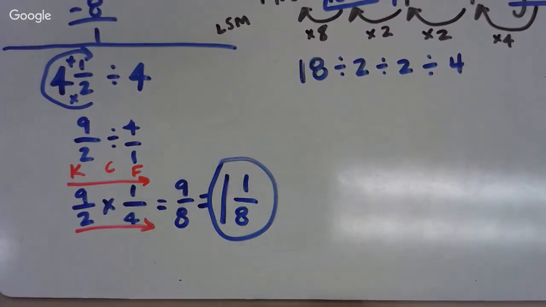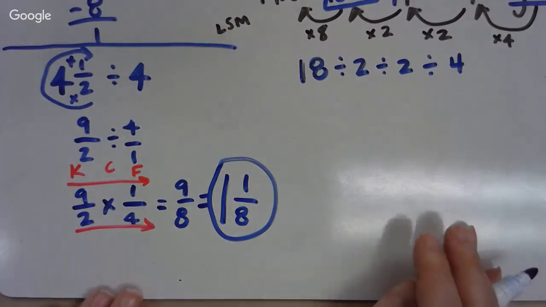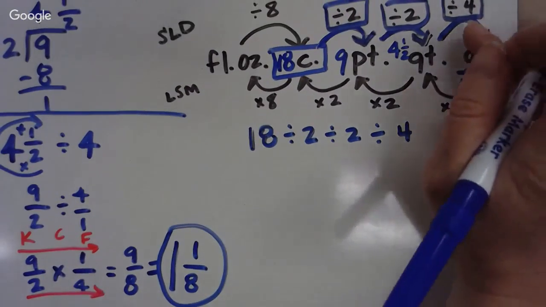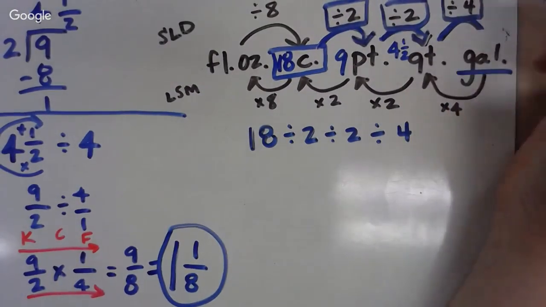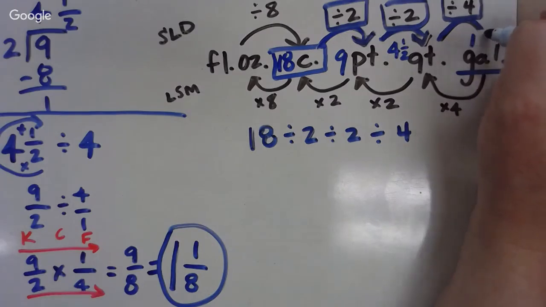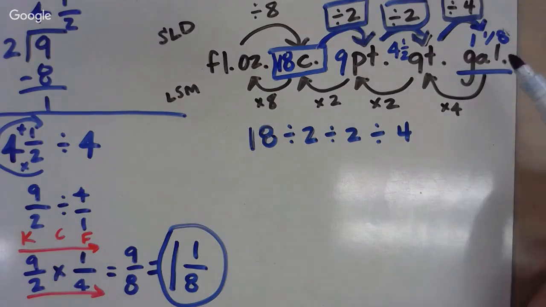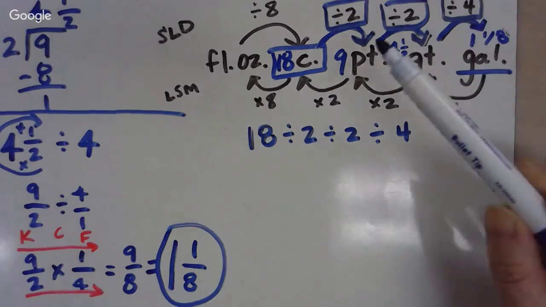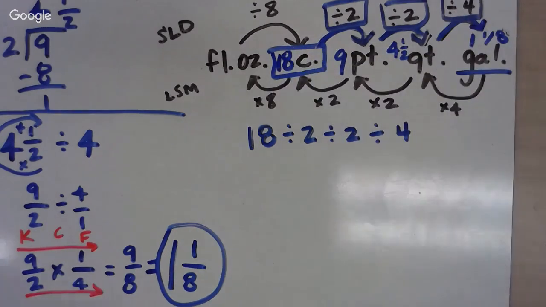So with that, I have found how many gallons are in 18 cups. I'm going to come back to my conversion chart, and I'm going to write this down up here just so that I can see it with this dry erase marker. And I know that 1 1/8 gallons is equal to 4.5 quarts, 9 pints, and 18 cups.